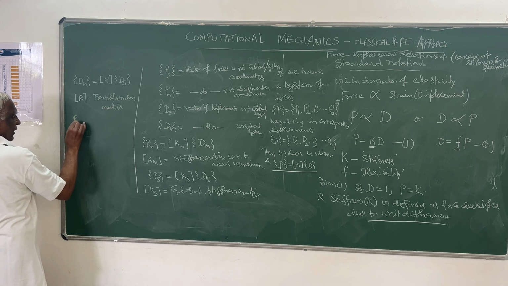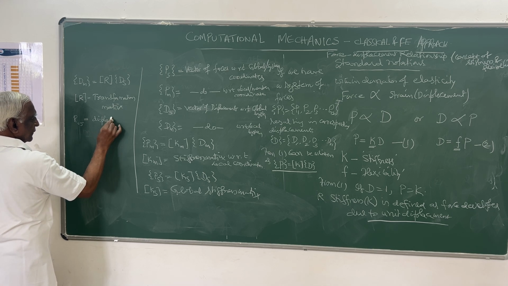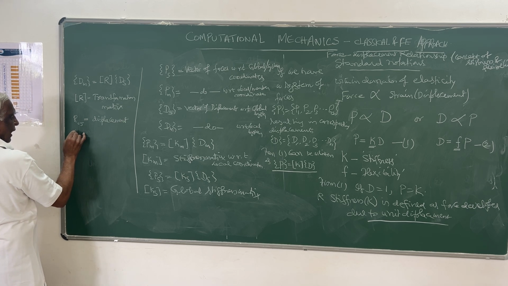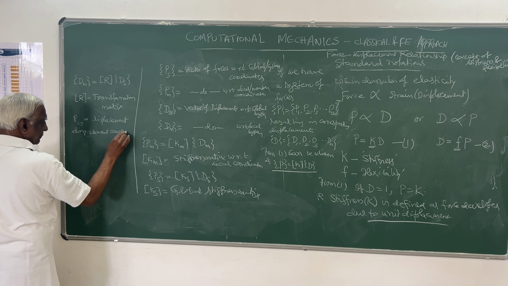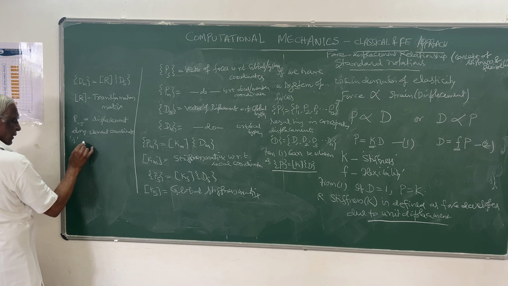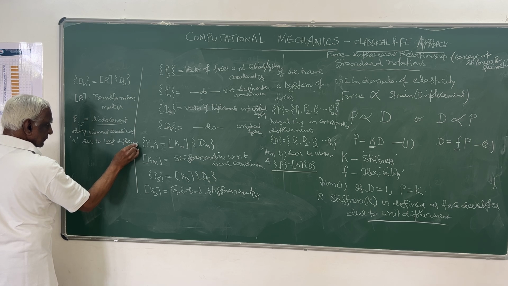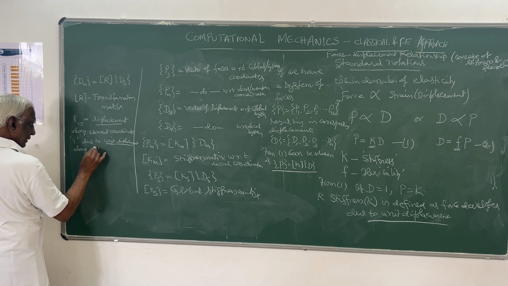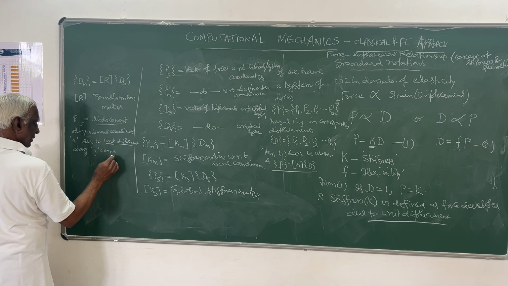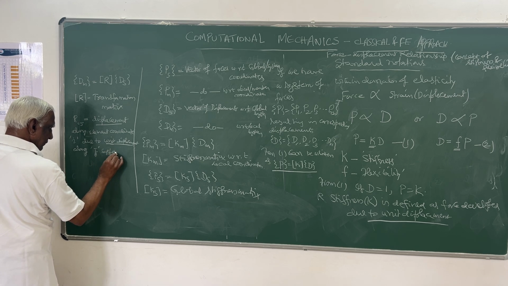We can say here that Rij is the displacement along element coordinate i due to unit displacement along j of the system coordinate.